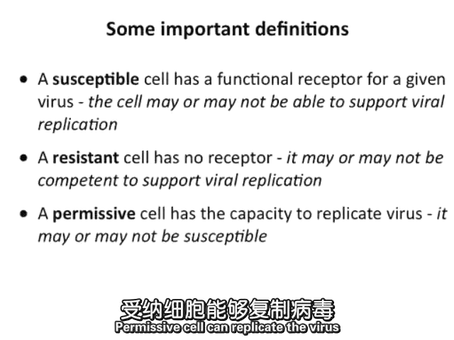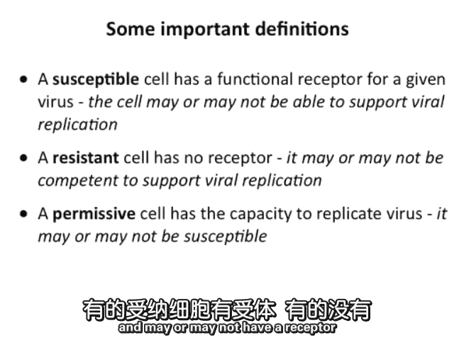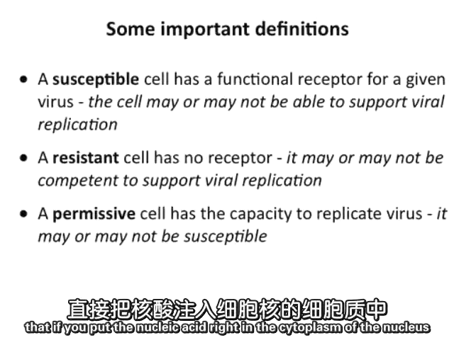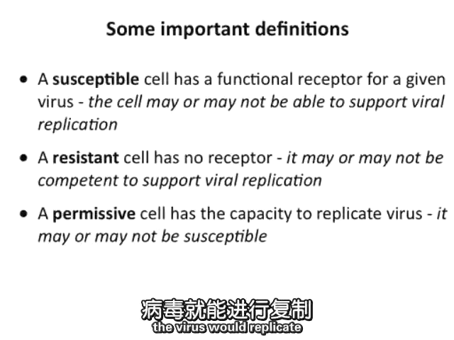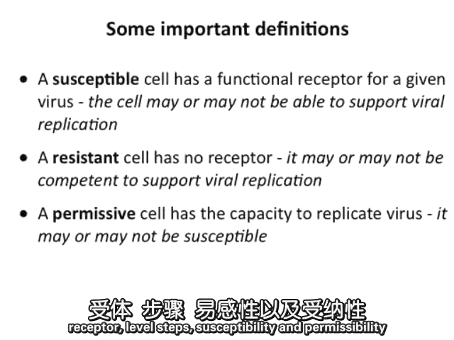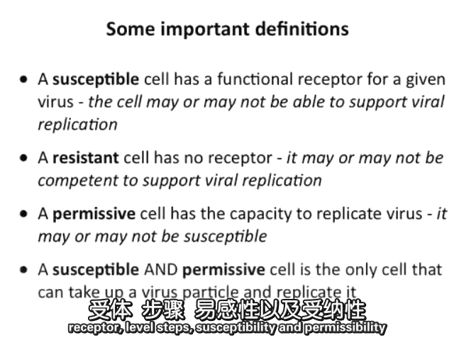A permissive cell can replicate the virus. It may or may not have a receptor. It may or may not be susceptible. All permissive means is that if you put the nucleic acid right in the cytoplasm or nucleus, the virus would replicate. So you see, we're defining very different steps of infection: receptor level steps, susceptibility, and permissivity.